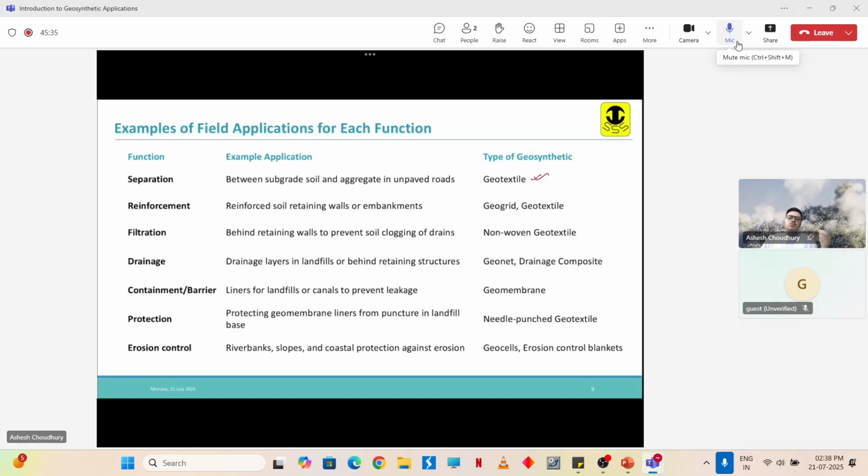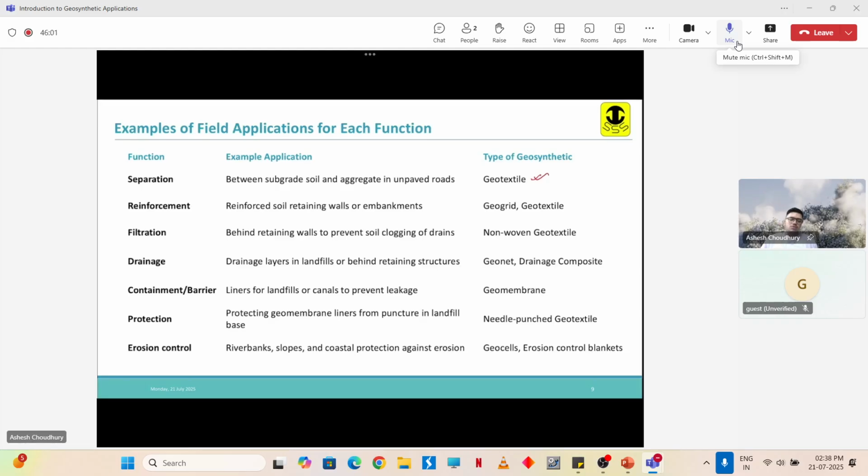Please download or purchase that book and go through it. There you will see all the different types of geogrids and geotextiles, with a clear detailed description, and the manufacturing processes are also discussed in detail. Of course, we are going to discuss them a bit, but not in detail, so please go through them in detail in the book.